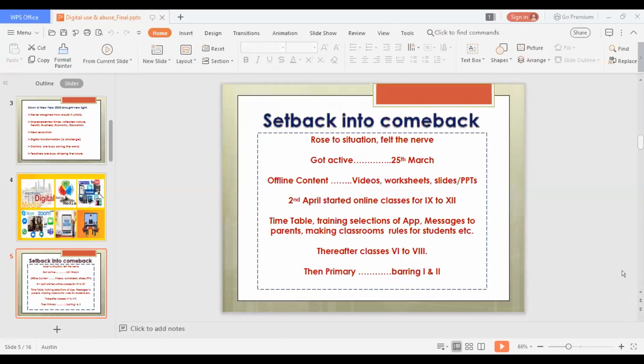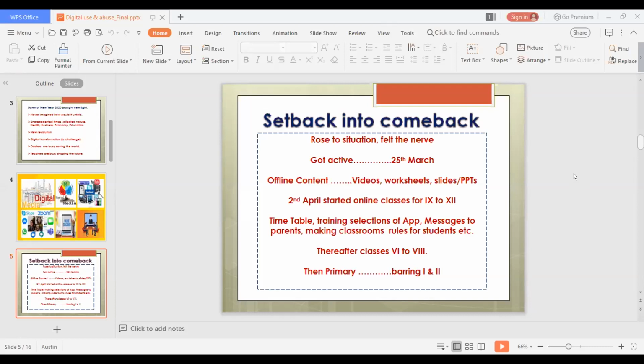We all took this situation in a challenging manner, and we rose to the situation. We felt the nerve. If I talk about the experience at my school, we came into action very fast. It was on 25th of March, that is Navratri, when we began our crusade against COVID-19 and making our children comfortable.